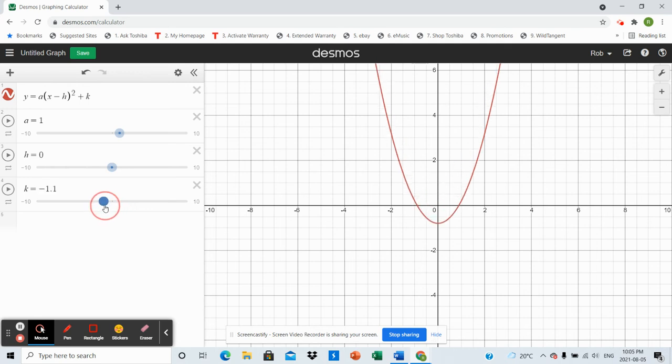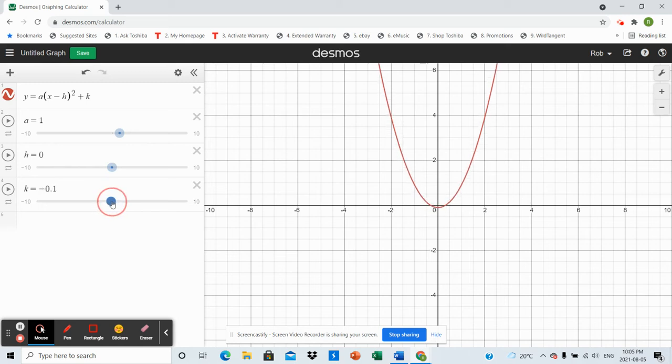If we go and make k negative, that just means we're translating down. So now k equals -2. We've translated down 2 units. So h and k, they just kind of move our parabola.